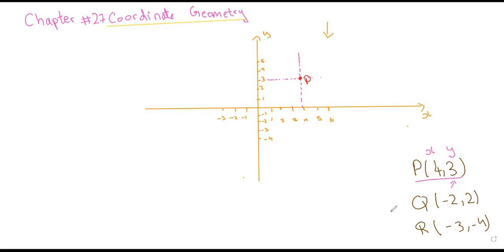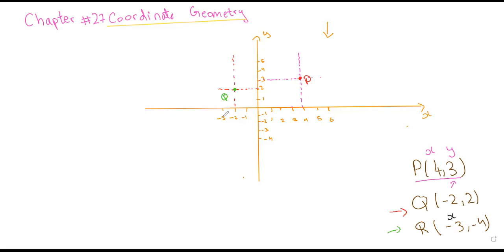Let's talk about another example. This time we have -2 and 2. So X is -2. And Y is 2. So this time the point is this point, point Q. And if I talk about the last one, that is R. So it would be -3, that is the X coordinate is -3.